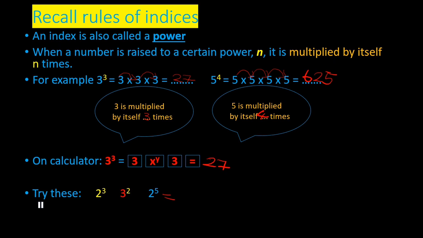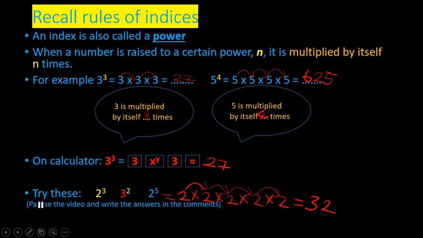So it's 2 times 2 times 2 times 2 times 2. This gives us 2 times 2 here, this 4 times 2, 8 times 2, 16 times 2, 32. All right? So you can do that on your calculator and check if that's the correct answer.